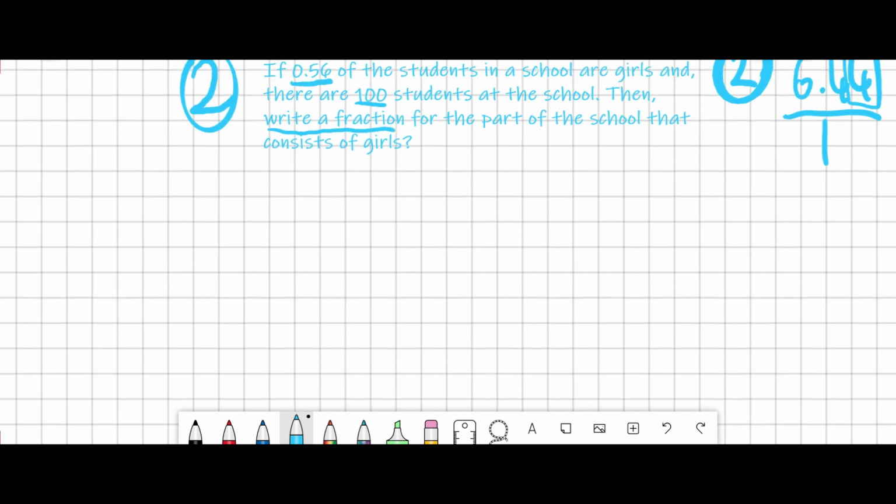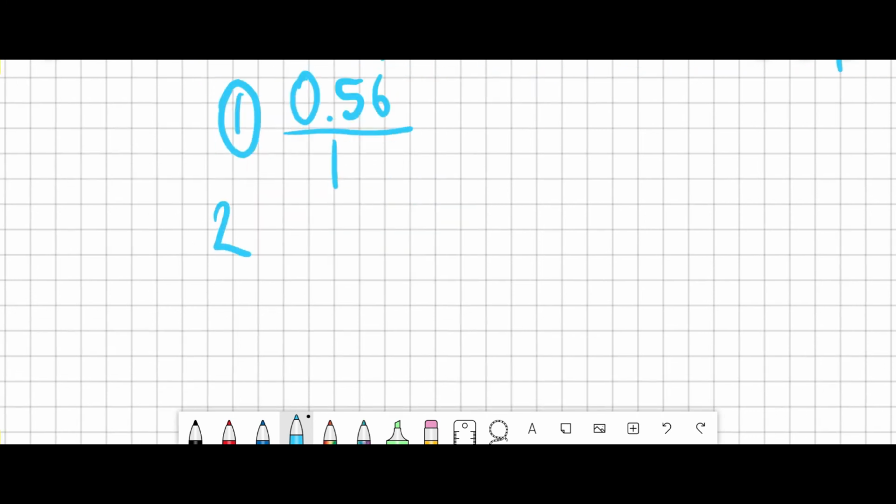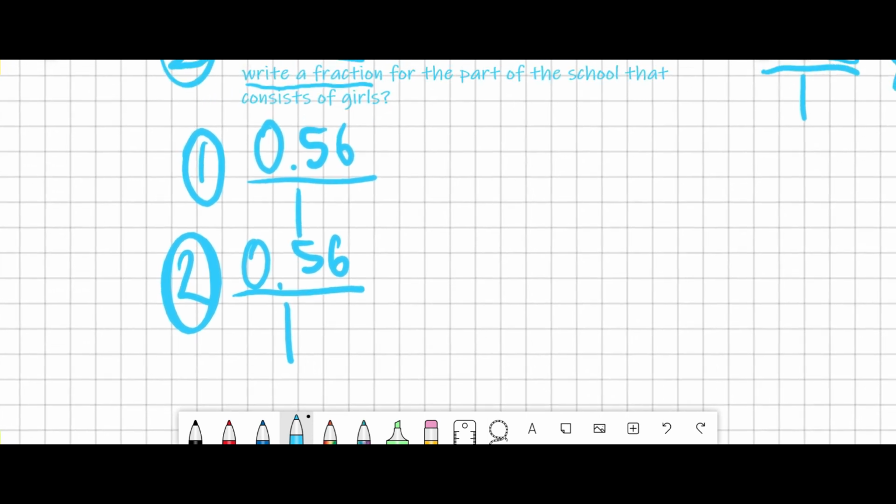Okay, all we have to do is write 0.56 over 1 as our first step, and then as our second step, we do 0.56 over 1, and usually we would still multiply it by 100 because of this digit over here, which is in the hundreds place.